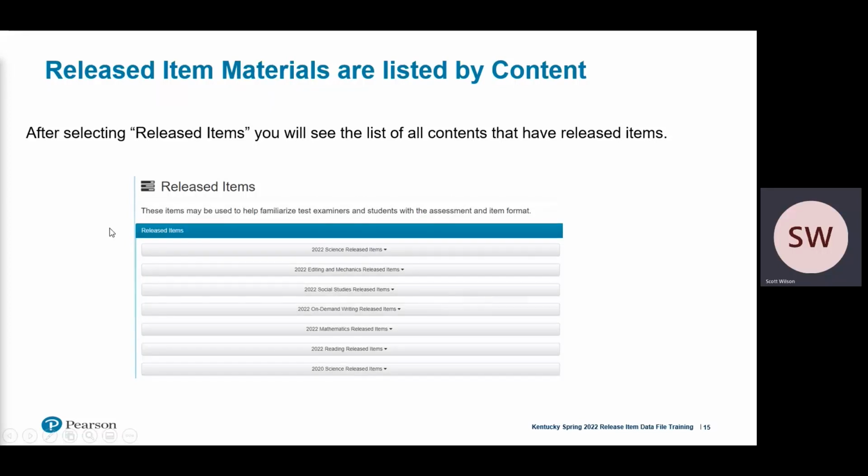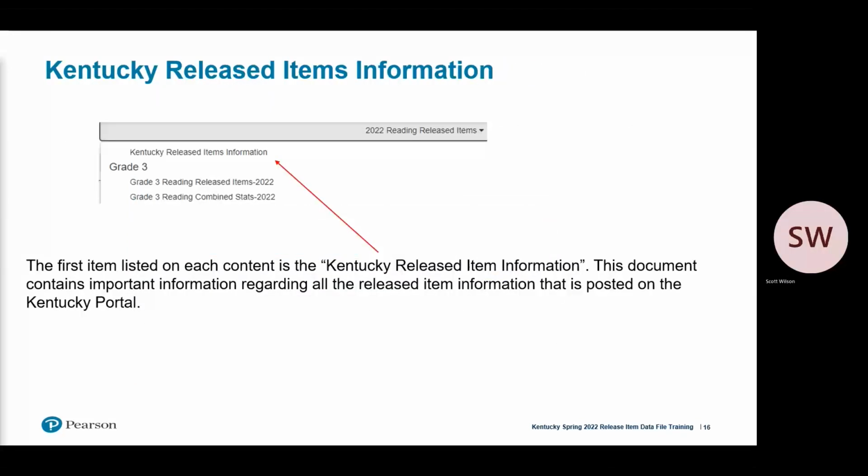This screen shows the released items. You'll see every content listed with a drop down. And then when you click on the content, it will open up and show you the grades and information listed within that content. For example, this is the reading released items.